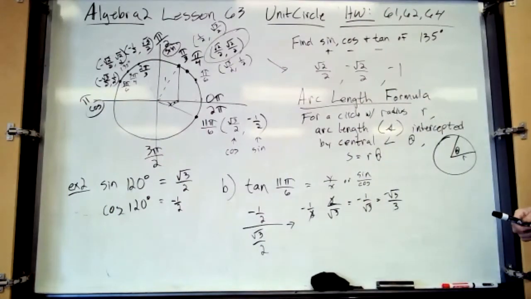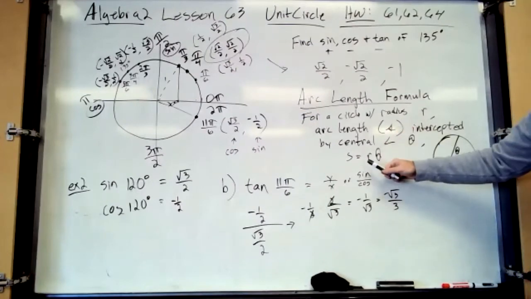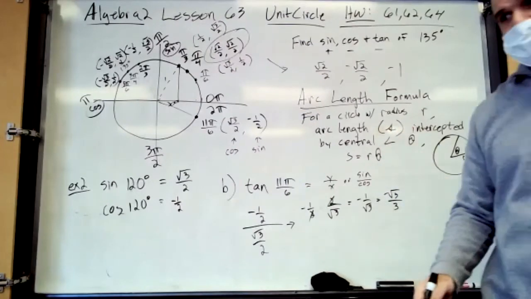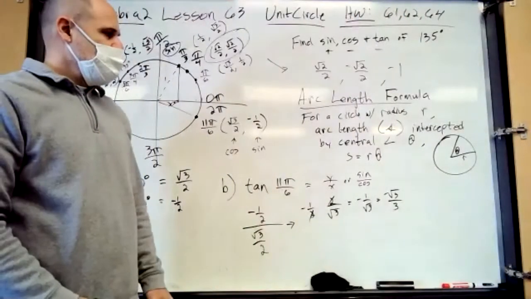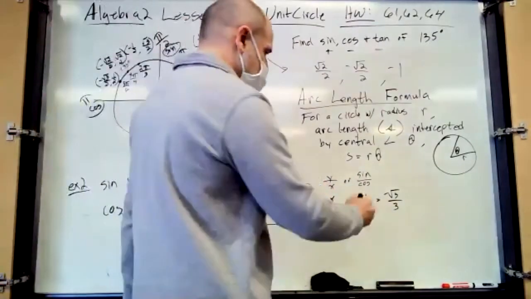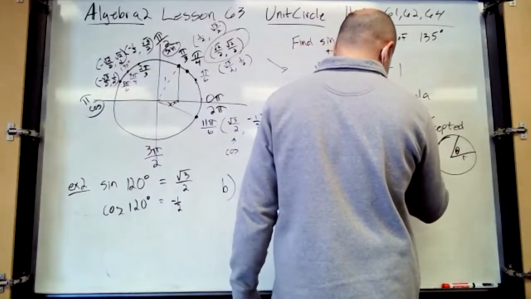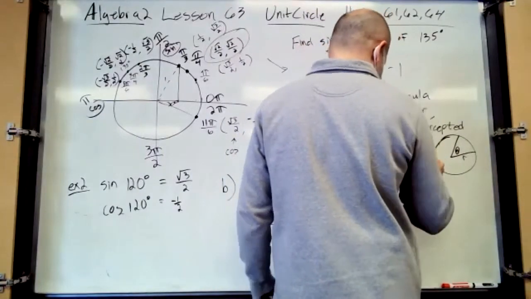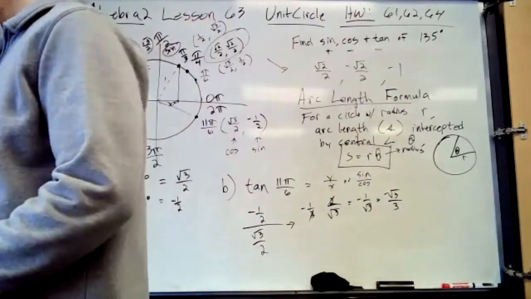So if you want to find not the whole circle, but just part of the circle, theta, then it's radius times pi, because pi is not the whole circle, it's half the circle. But this formula is nice because it's easy. And this has to be in radians. If you multiply a radius times a degree, that doesn't make sense.